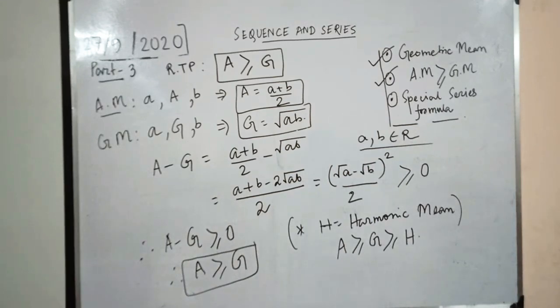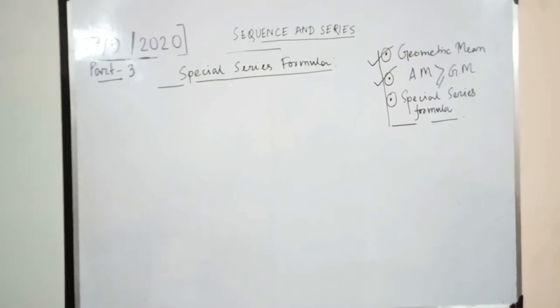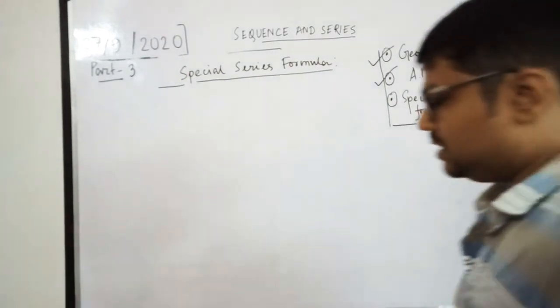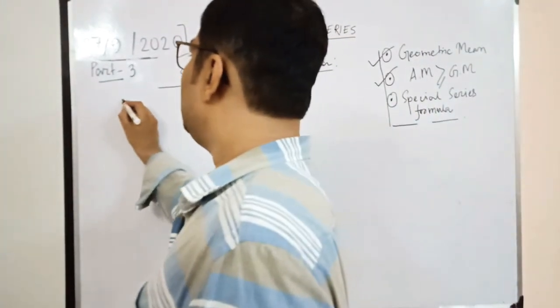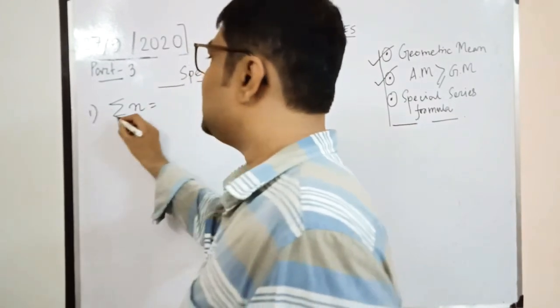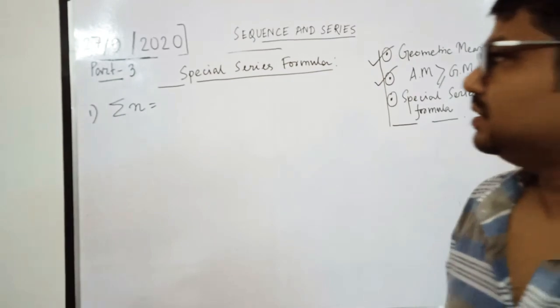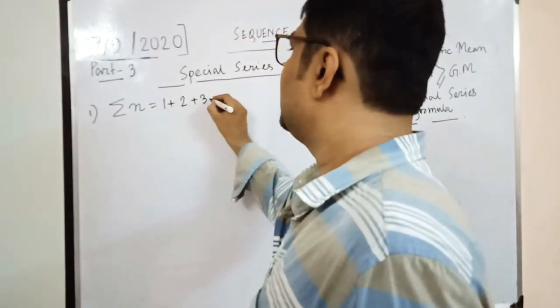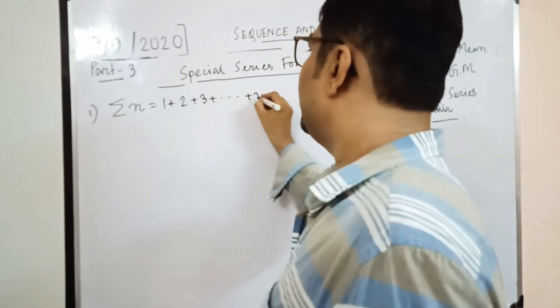Okay. Now let us write a few special series formulas. So here we discuss the special series formulas. First we have the formula for sigma n. Sigma n is the summation of all natural numbers, that means 1 plus 2 plus 3 up to n.